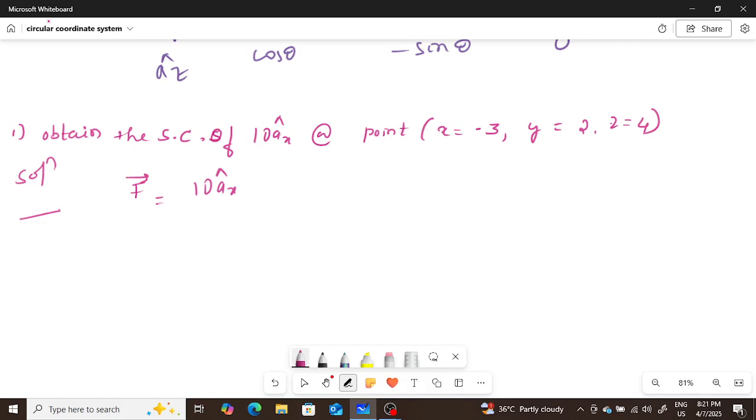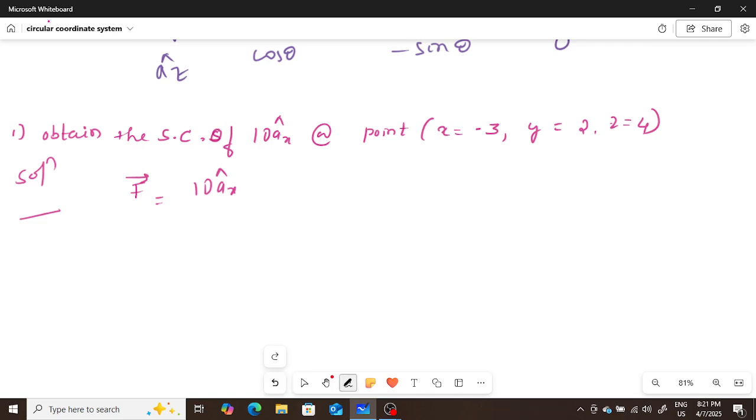Now Fr can be obtained. How to find out Fr? What we have to find out is r, phi and theta, right?